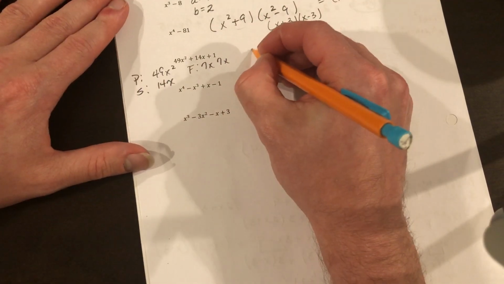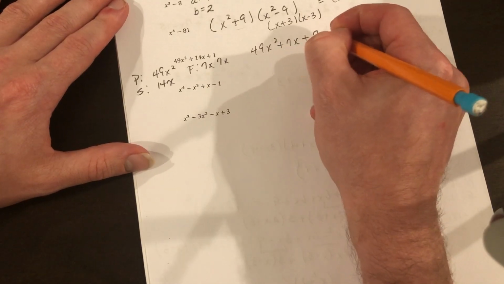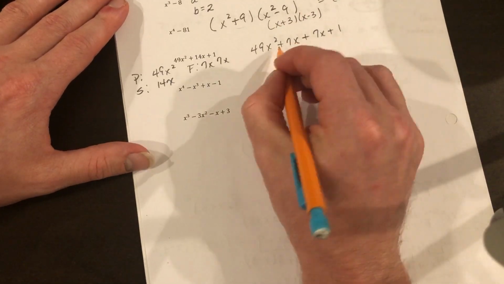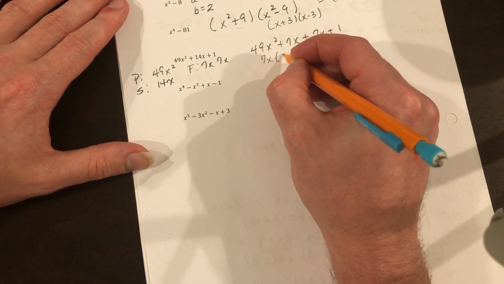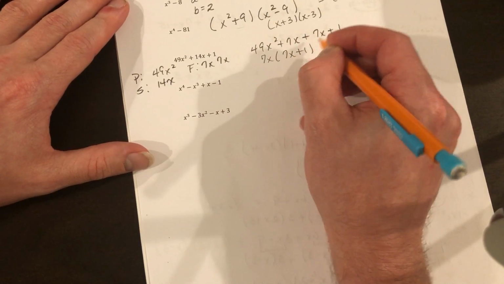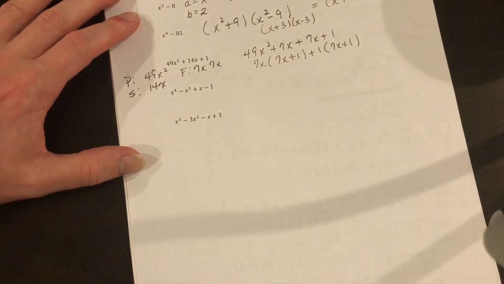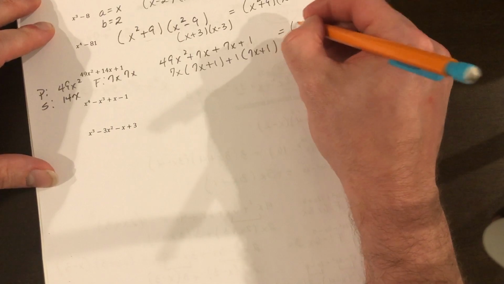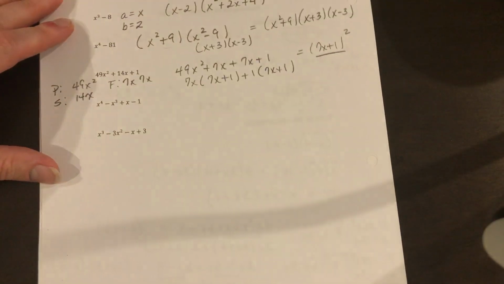Okay, so we're going to do 49x squared plus 7x plus 7x plus 1. So x and 7, we can factor that out. And we can have a GCF of a 1 in the last term. So this becomes 7x plus 1 times 7x plus 1. So you get 7x plus 1 quantity squared.